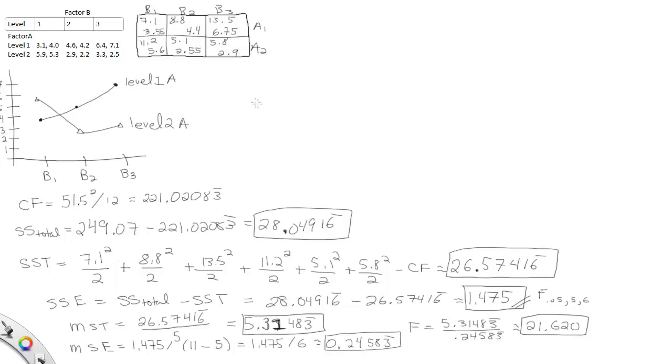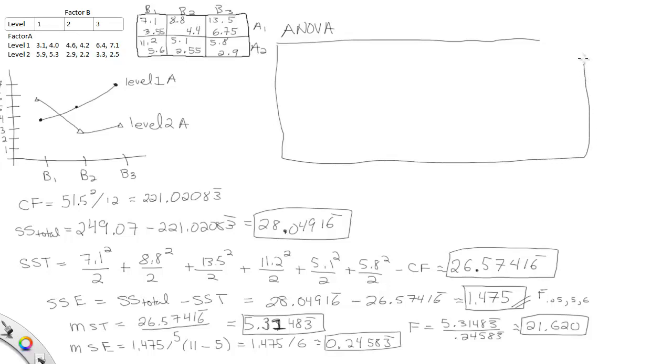Okay, so we're going to do this ANOVA table breakdown, but in order to do that, we're going to need to set it up over here and maybe take advantage of some of the things we've already done. So hopefully I'll have space to do this. Let's use this as our sources.